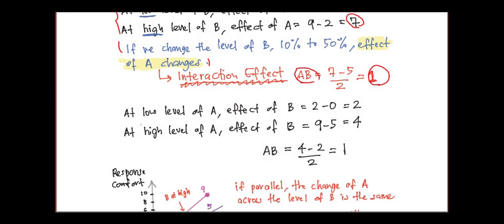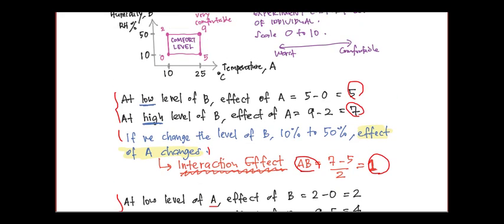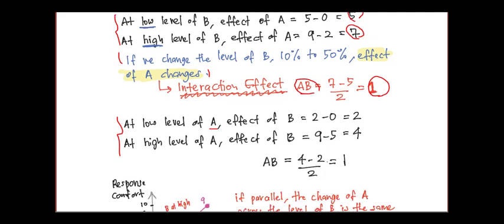So this is the interaction effect of these two factors which we have. Simply, we can do the same for the other one. At low level of A, this time we keep the temperature A constant and we change the relative humidity. The effect of B will be 2 minus 0 equals 2. At high level of A, the effect of B, 9 minus 5, will be 4.